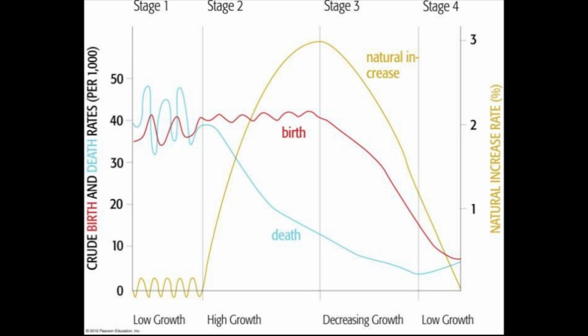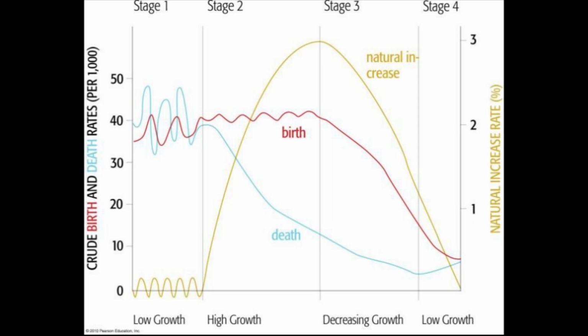This indicates death rates in blue, birth rates in red, and then population growth is that gold or green mustardy color. So we have the progression from left to right as a country progresses through this demographic, population-based transition as they become what we would call developed.